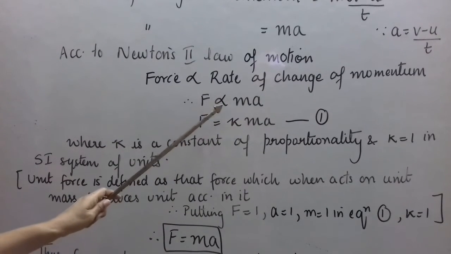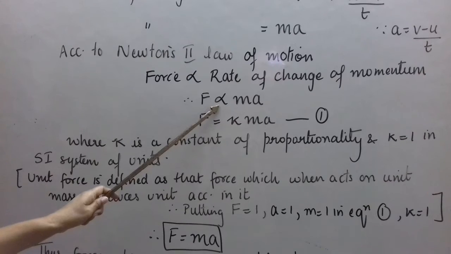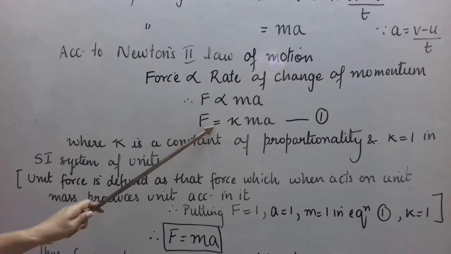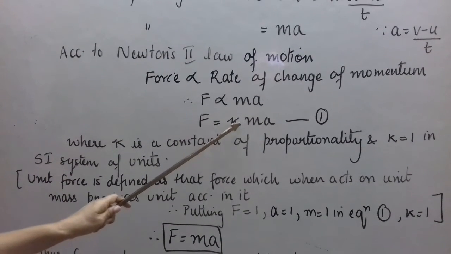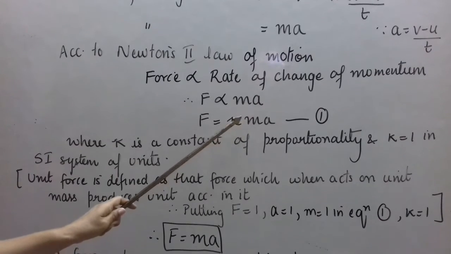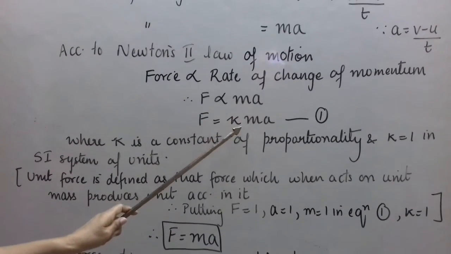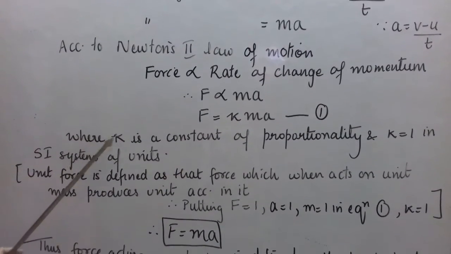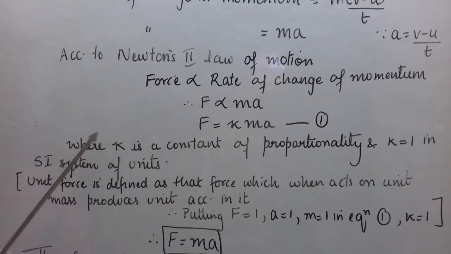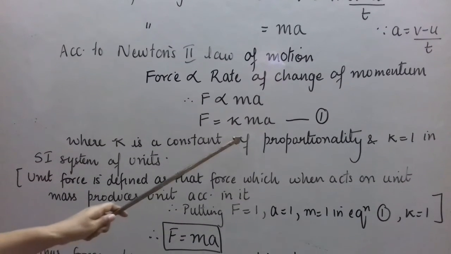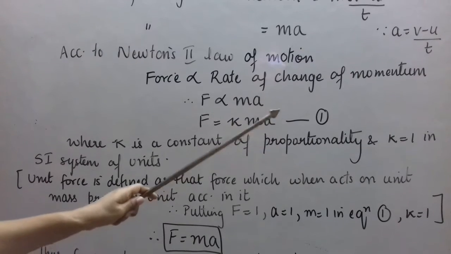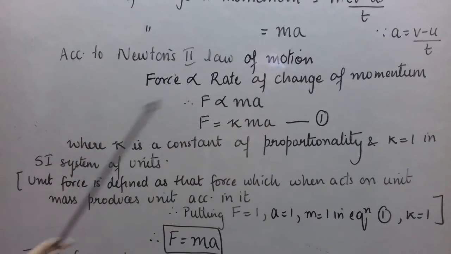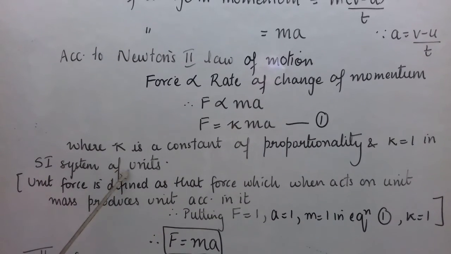It is a rule that whenever we remove the proportionality sign and put the equality sign, we should multiply one of the sides by a constant. Here we are doing it on the right hand side. Where K is a constant of proportionality and K is equal to 1 in the SI system of units.